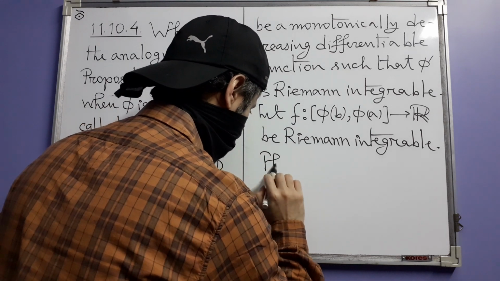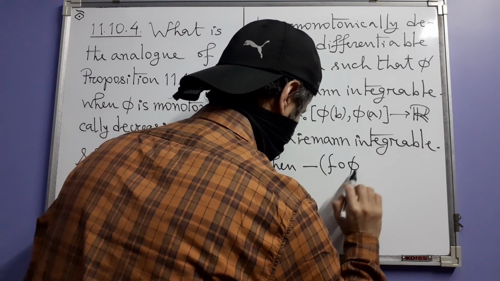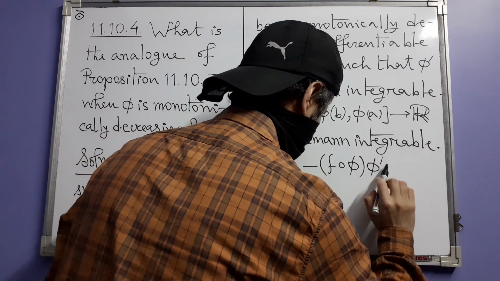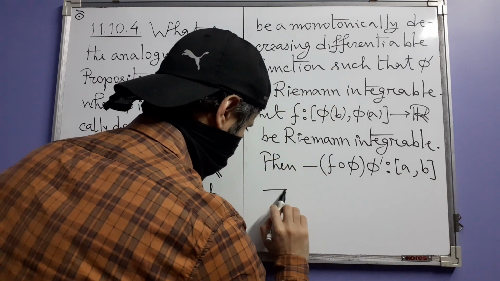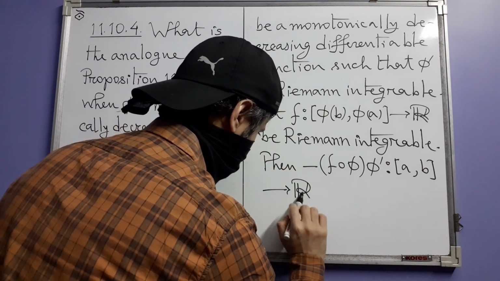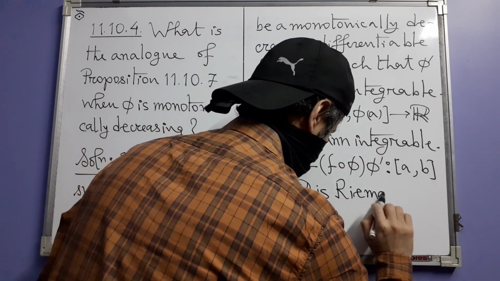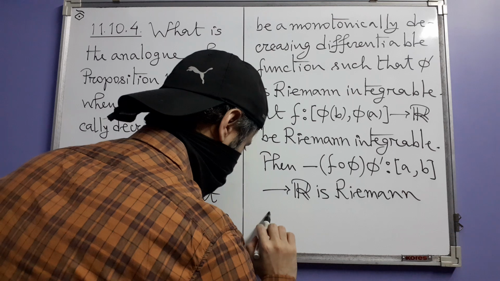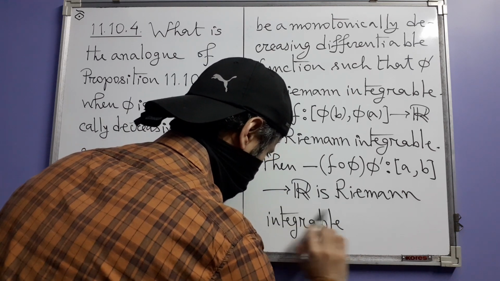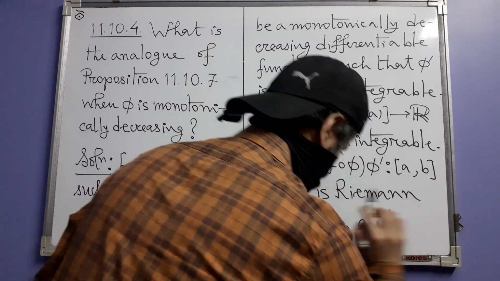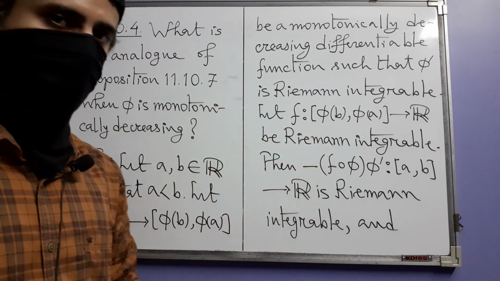Then this function, minus of f composition phi times phi prime, is Riemann integrable and its Riemann integral will be equal to the Riemann integral of f.